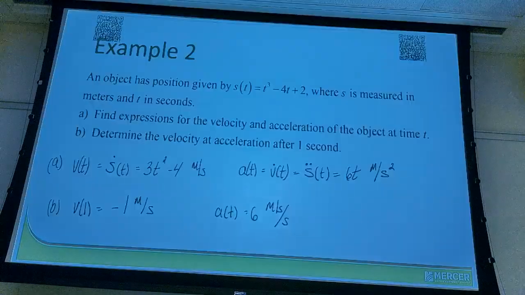So your position is only decreasing at 1 second. When I say decreasing, I don't mean it in the standard sense. It means that you're moving in the negative direction, so you're decreasing in your relative reference frame.